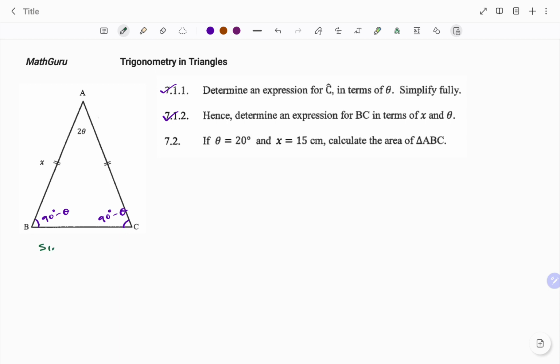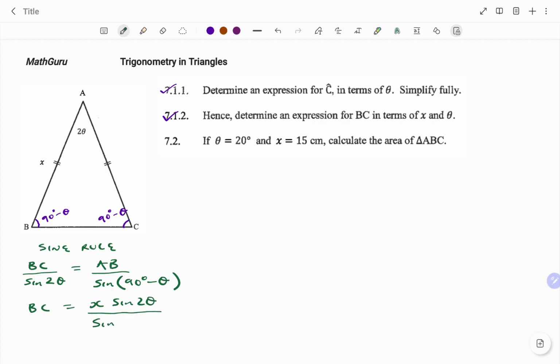So if I'm to use my sine rule, the sine rule states that the ratio of the side BC over the sine of the angle facing BC, that's 2 theta, equals to the ratio of, pick any of the two sides, you can say AB over the sine of the angle facing AB, 90 minus theta. Therefore, from here I have BC equals AB, that's x. So I have x sine 2 theta divided by sine of 90 degrees minus theta.